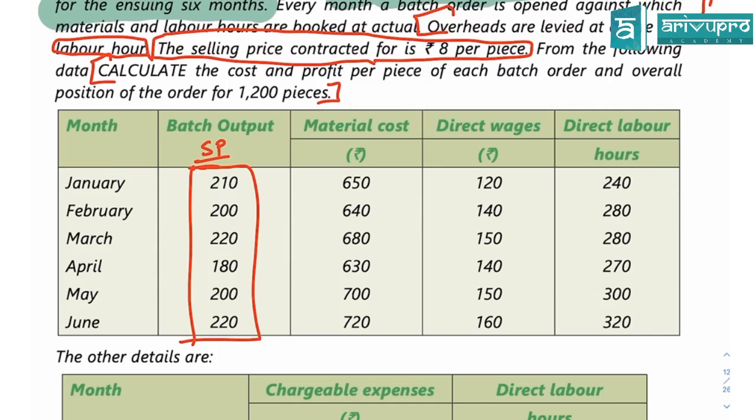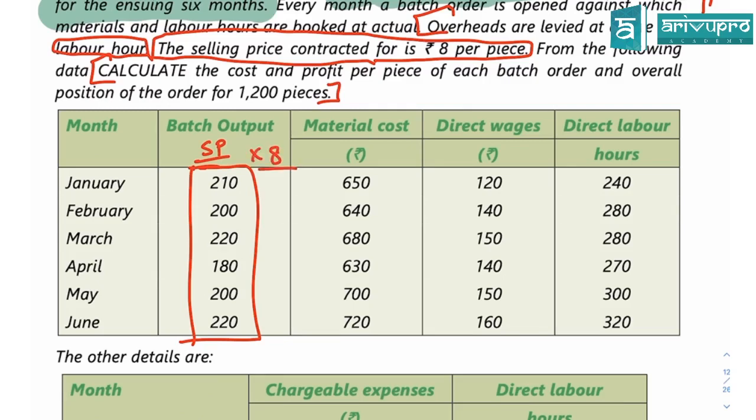I said what is the selling price? They want you to calculate if I order 1200 pieces, what is going to be the cost. So, I know at different months, different outputs are there. For each unit, how much can you sell it for? 8 rupees.